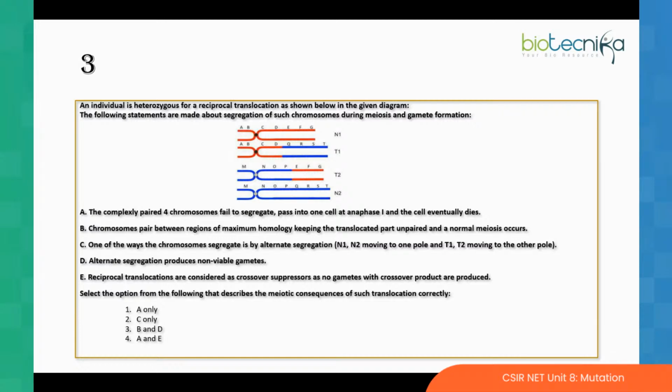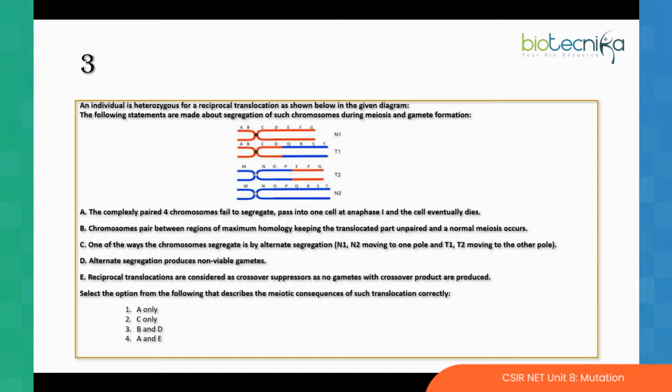So, an individual is heterozygous for a reciprocal translocation as shown below in the given diagram. The following statements are made about the segregation of such chromosomes during meiosis and gamete formation. So, here what do we see?